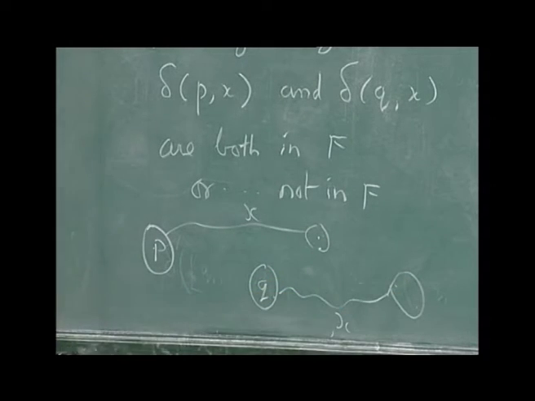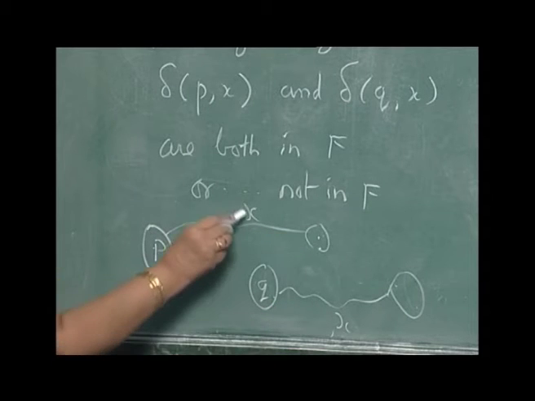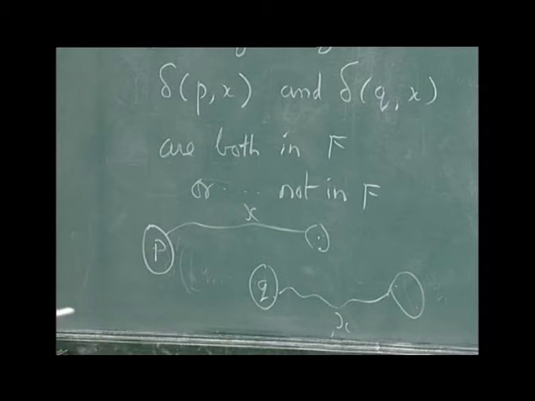Both of them should be final states or non-final states, whatever may be x. For a particular x, both of them may be final, for another x, both of them may be non-final. In that case, you say that the two states P, Q are equivalent.